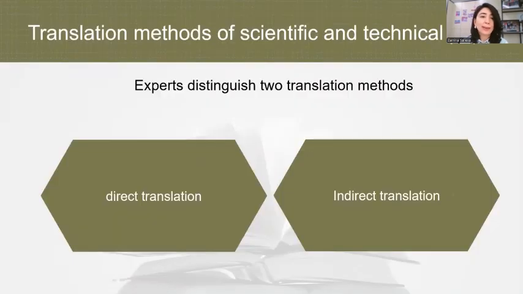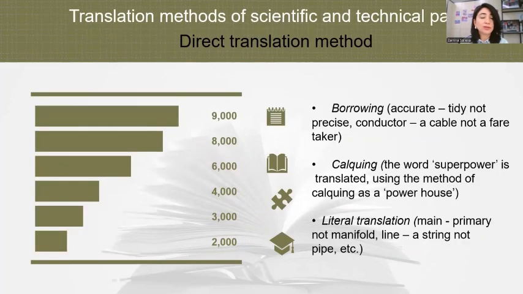So in scientific technical translation, we could distinguish two types of methodologies that you could implement during your translation process. The first is the direct method, and the second is the indirect. So let us look through all these methodologies.